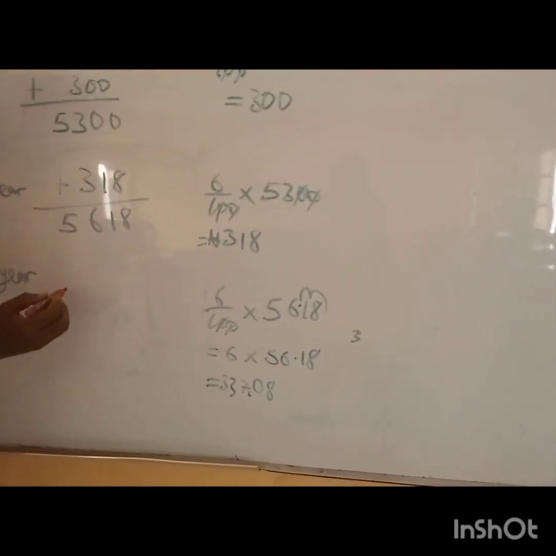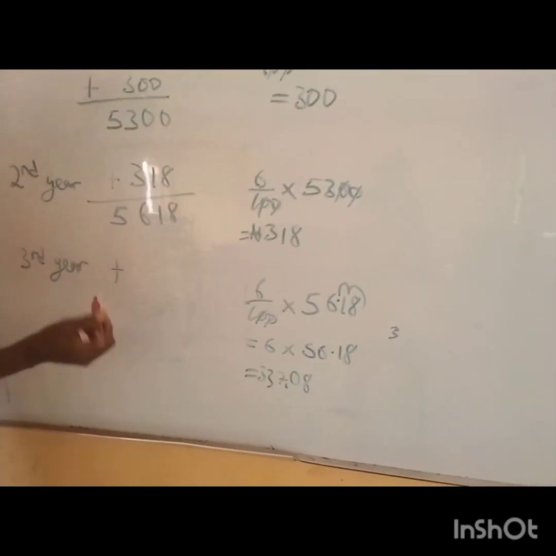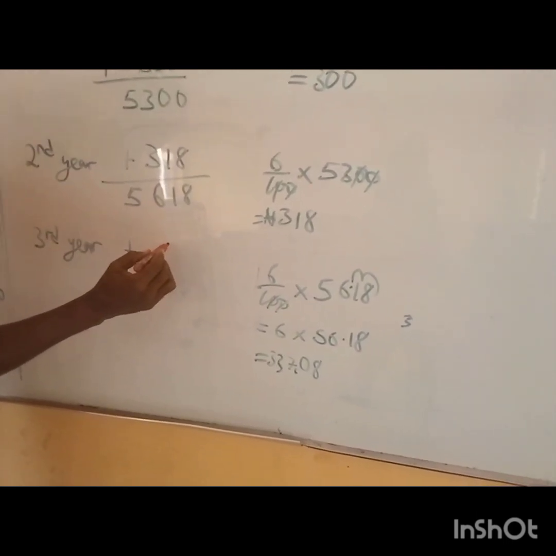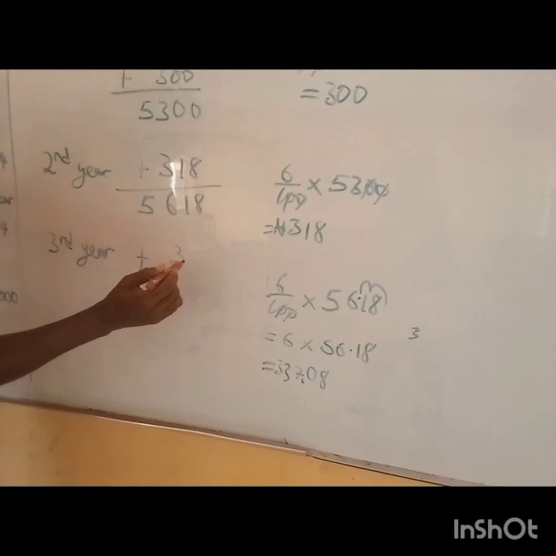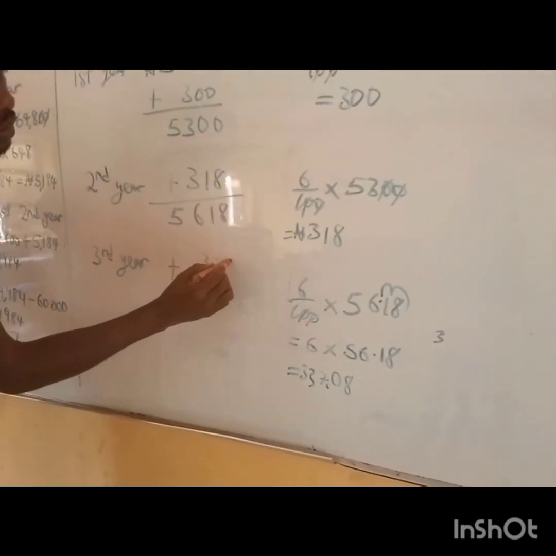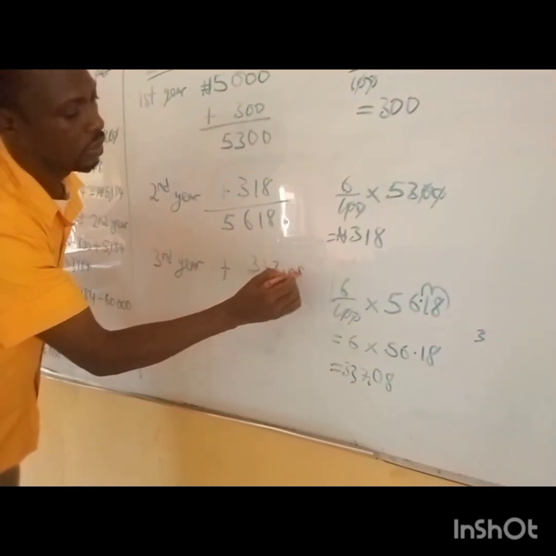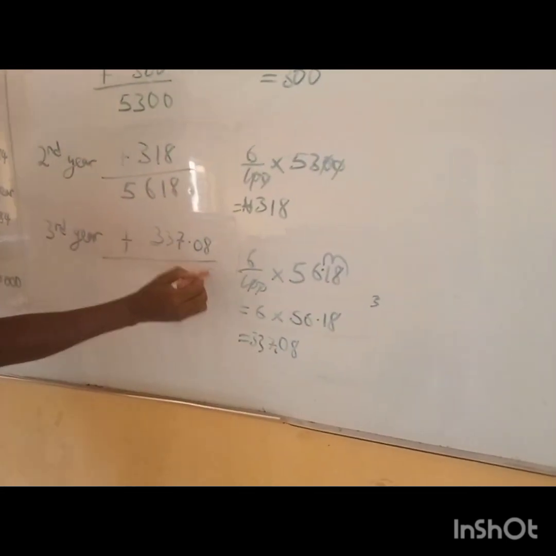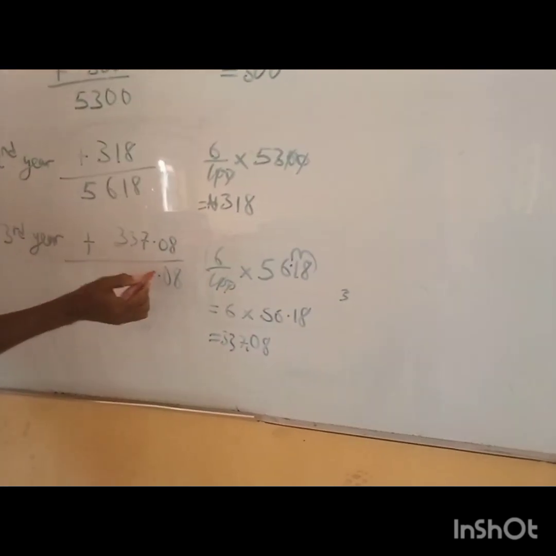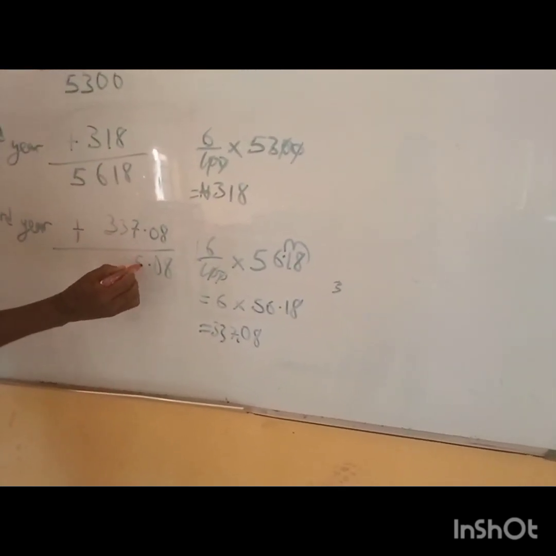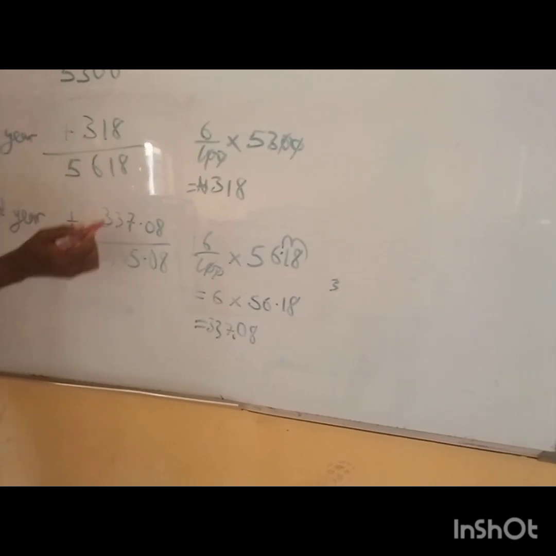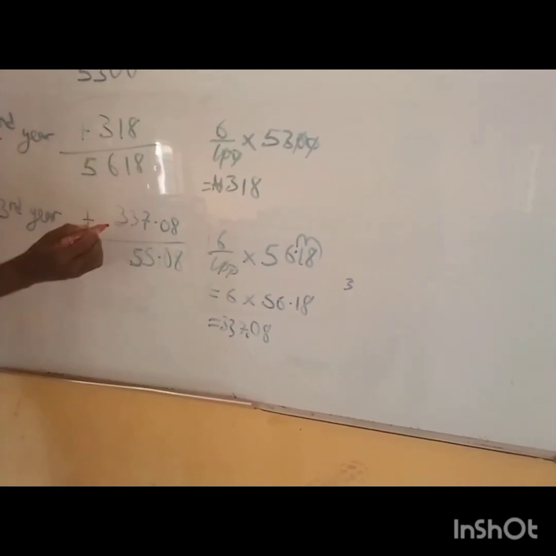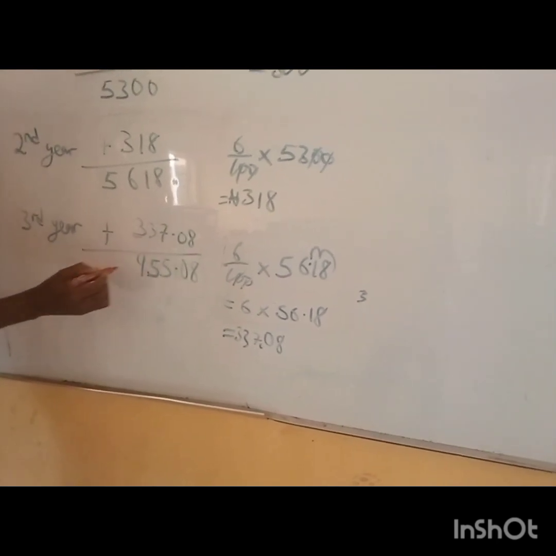So we have an addition of 337.08. So 8 comes down, 0. 8 plus 7 is 15. 1 plus 6 is 7, 3 plus 6 is 9.